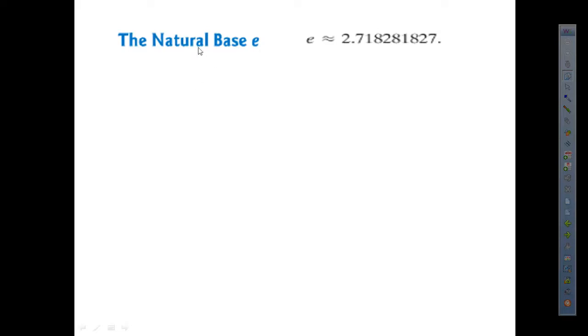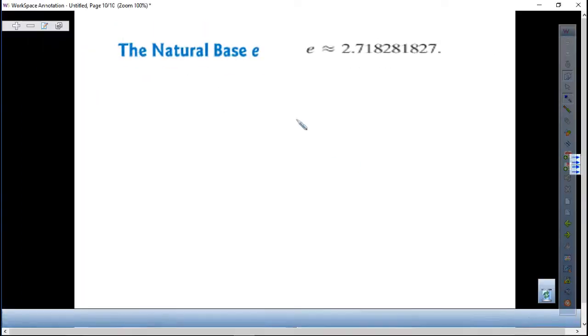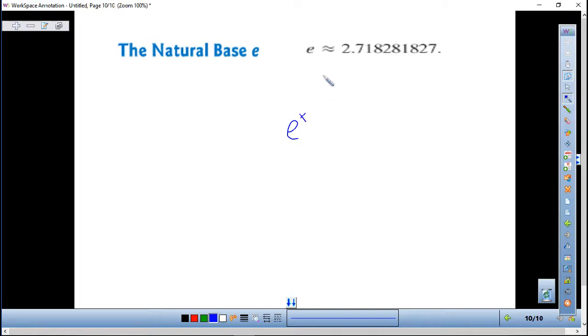Alright, now we have, and you've seen this, e to the x. You've seen it on calculators and all kinds of things like that. Well, here's the thing. E is the natural base. What that means is it's something that occurs over and over and over naturally in nature, in calculations about nature. But e is the natural number, and it's approximately 2.718281827.